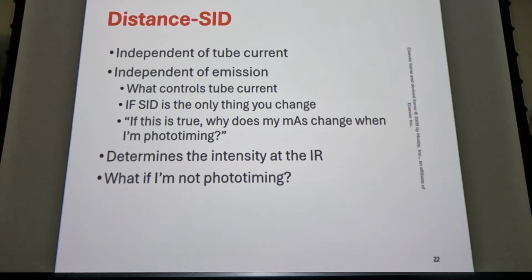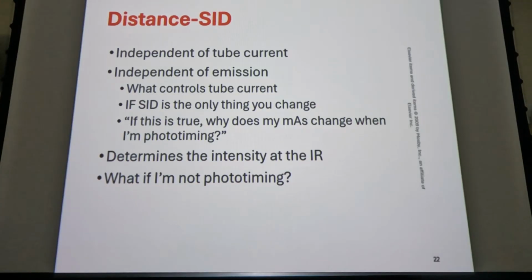What happens? Yeah, exposure goes down. Your exposure goes down, right? So is there anything that magically you did when you increased your SID that would cause an increase in the number of electrons going across the tube? If there was, your exposure wouldn't go down, right?